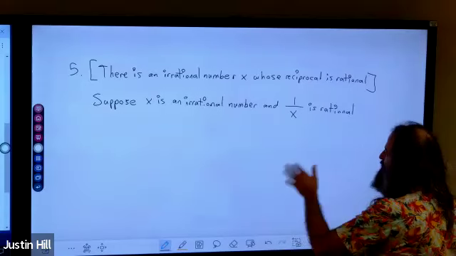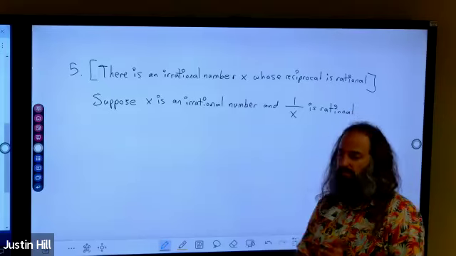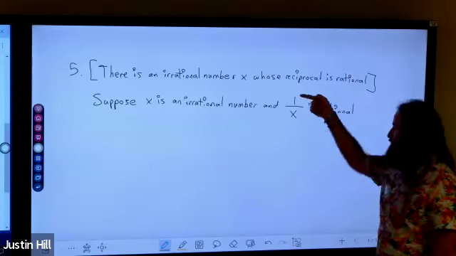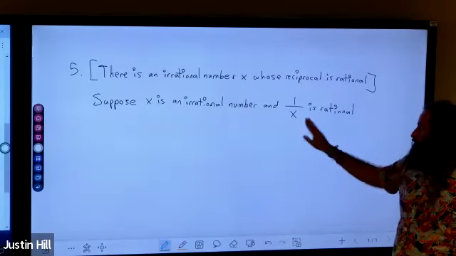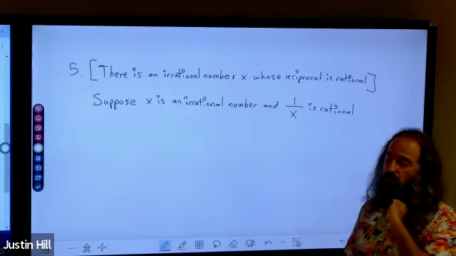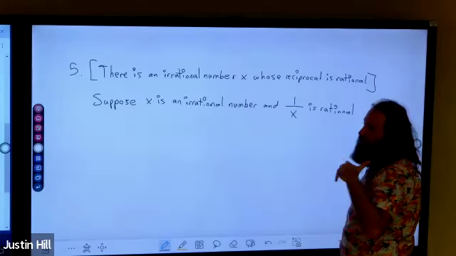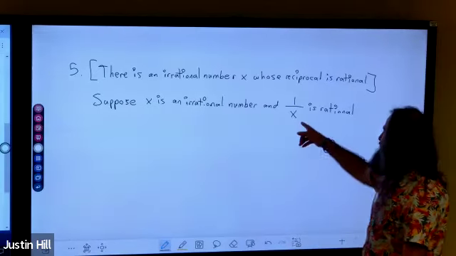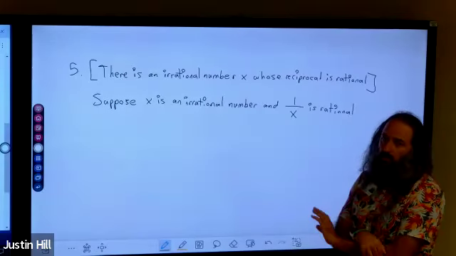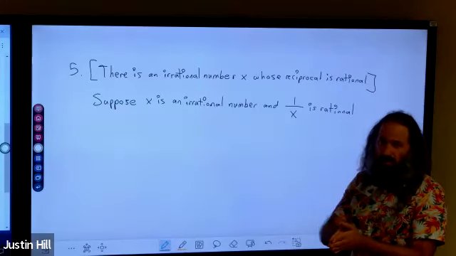So whenever you're dealing with something like reciprocal 1 over x, what's the one number that x can't be here? Good, x can't be 0. By stating that we're dealing with 1 over x, we're implying that x is not 0. We can assume the reader knows that, but we might want to make mention of it.